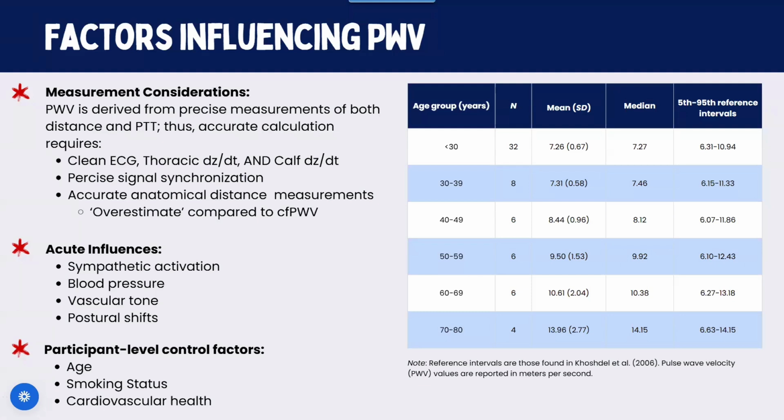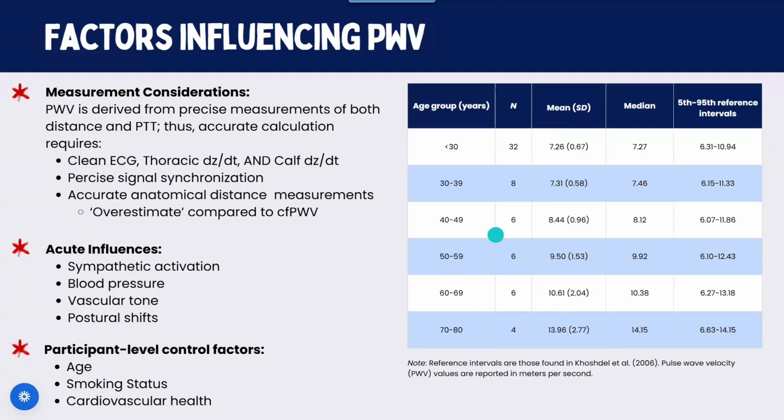And then maybe most importantly of all, there are a lot of control factors that we need to take into account when collecting pulse wave velocity. The largest are probably age, smoking status, and cardiovascular health. As we discussed, as we begin aging, our pulse wave velocity is going to start increasing over time, meaning that our aorta and arterial stiffness is not allowing us to dampen that waveform.